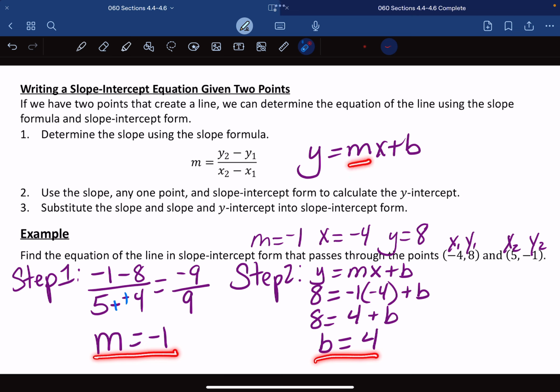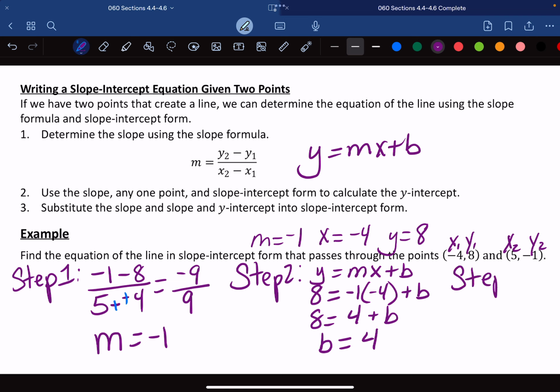And that's all I need, is m and b. So now I can do step 3: y equals -m, which is -1 times x, -x, plus b. And I'm done.